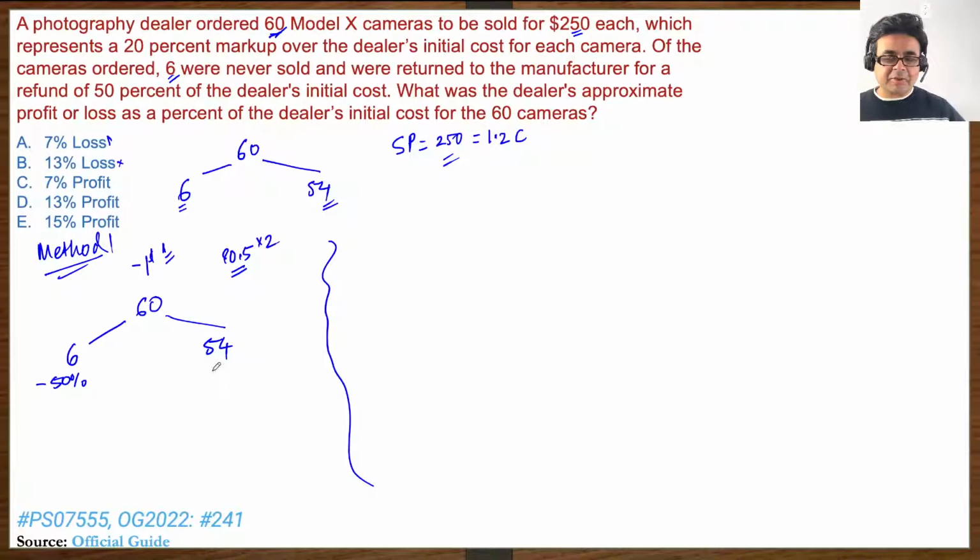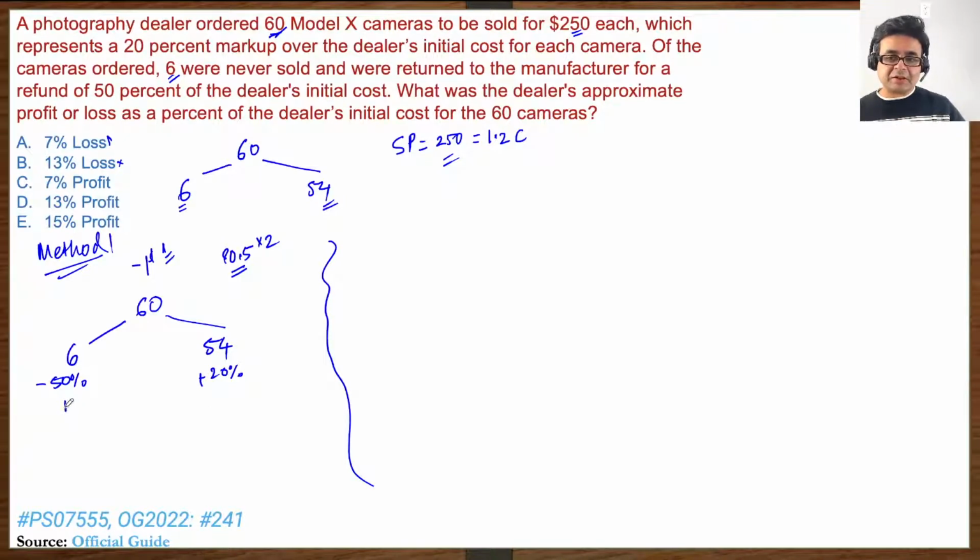And here my gain is 20%. So I'm getting a gain of 20% for each of the 54 other cameras I have sold. Now, if I sell one at a 50% loss, how many do I have to sell at 20% gain to make it 0? That's the first step of my thinking here.